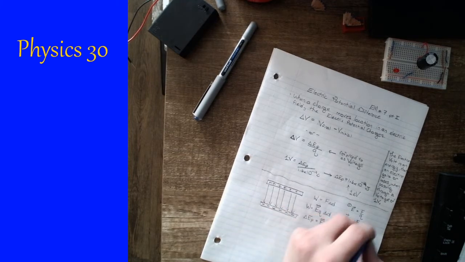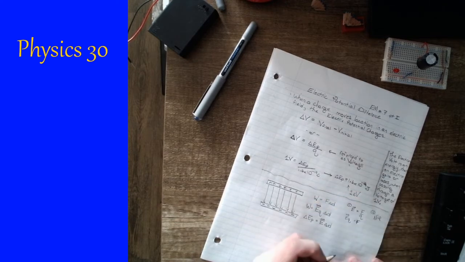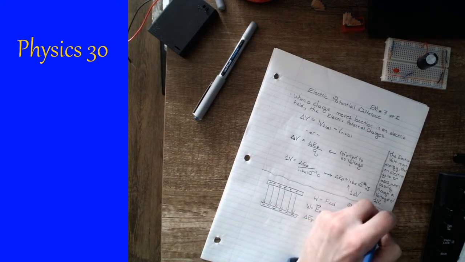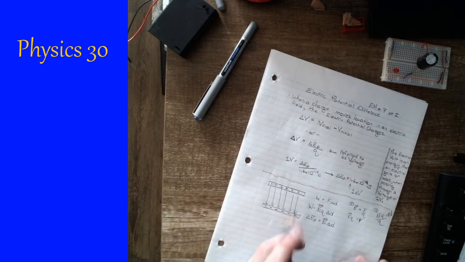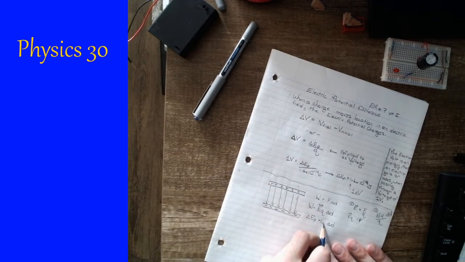Finally, we have a second substitution, and that's that the change in electrical potential energy divided by Q is equal to delta V. So, oh, I forgot my Q here.